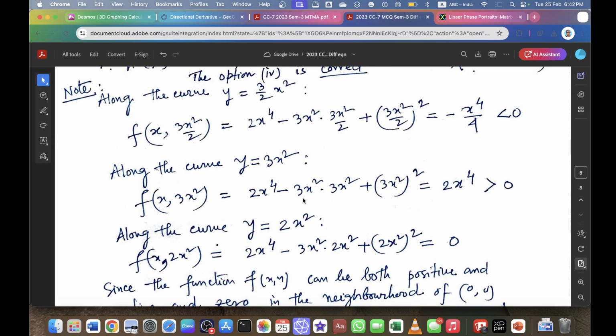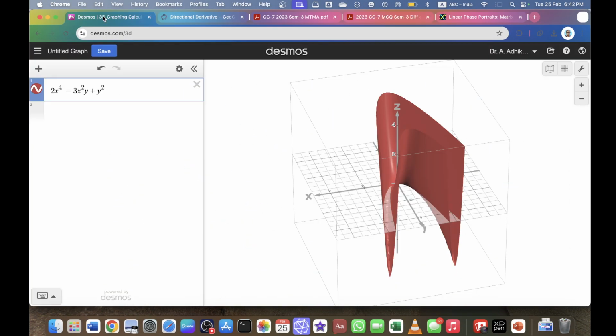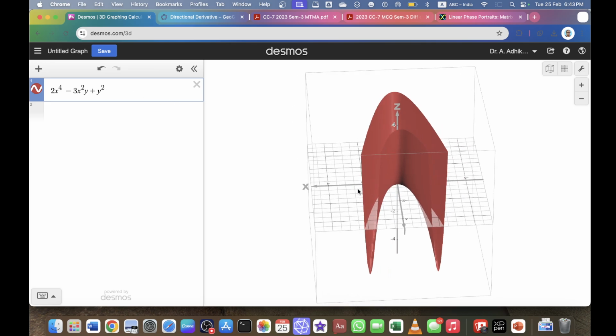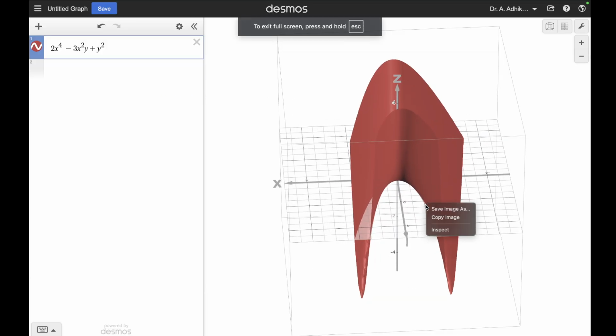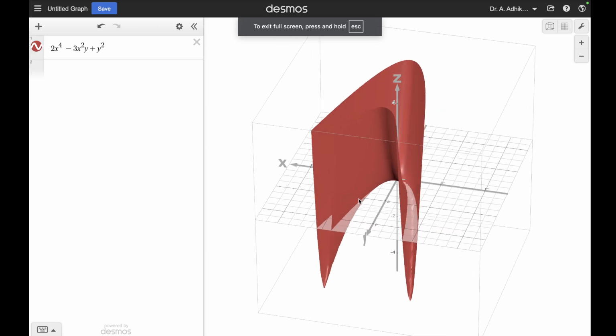Now by Desmos, we draw this graph of 2x to the power 4 minus 3x squared y plus y squared.